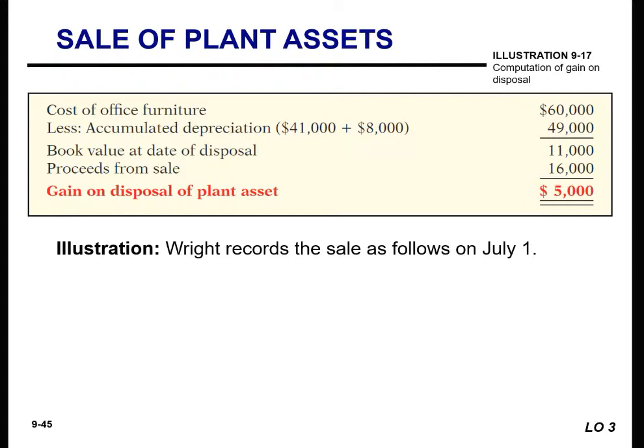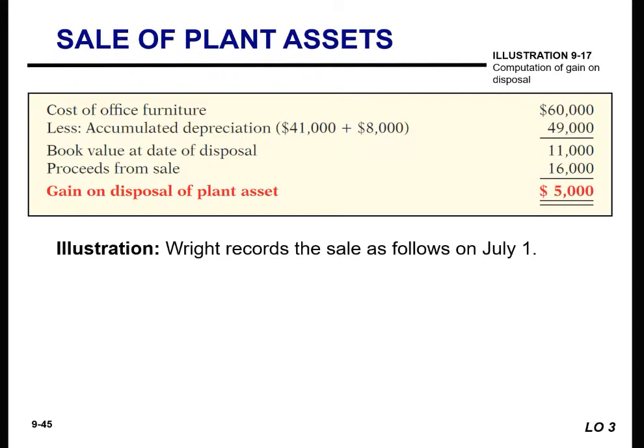We have accumulated depreciation through the date of disposal of $49,000, giving us a book value as of the date of disposal of $11,000. We received $16,000 in proceeds from the sale, meaning that we will have a $5,000 gain on the disposal of these plant assets.